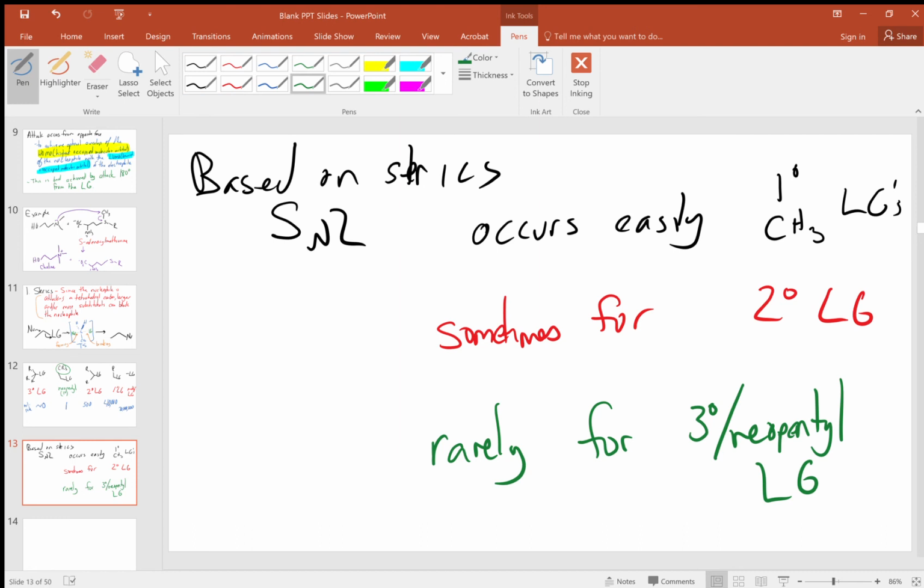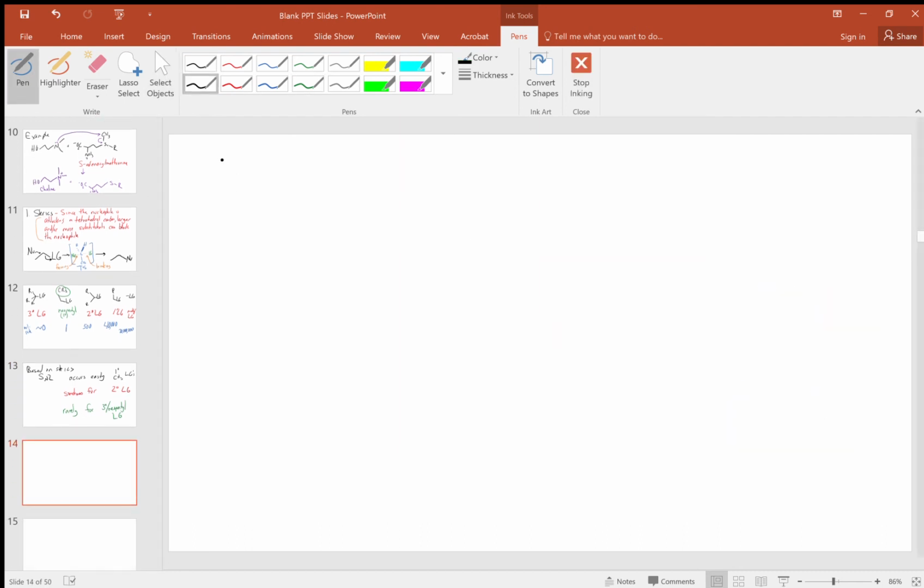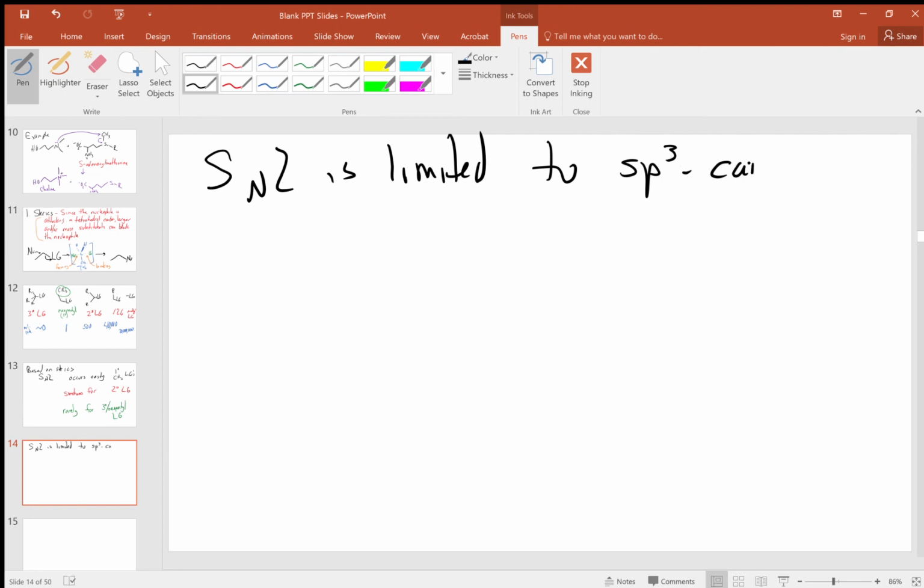Now, when it comes to sterics, we have a second limitation for SN2 reactions. And that's that SN2 is limited to sp3 carbons.